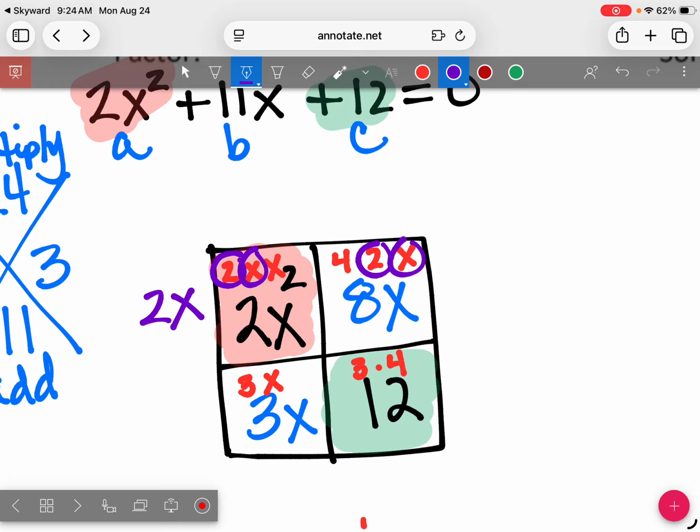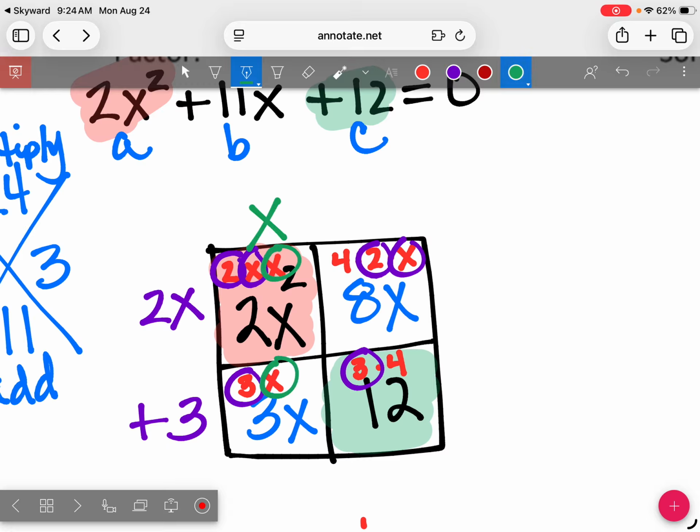What does the bottom row have? What do both of these boxes have? They both don't have an x, right? So I can't take out an x. They both don't have a 4, but they do have a 3. So I'm taking out the 3. Has to be positive. Once you do that, the rest is easy because the only thing left over is an x.